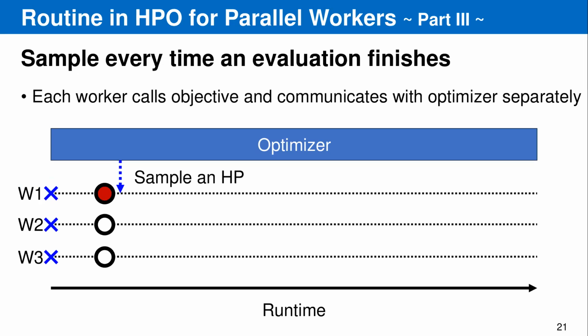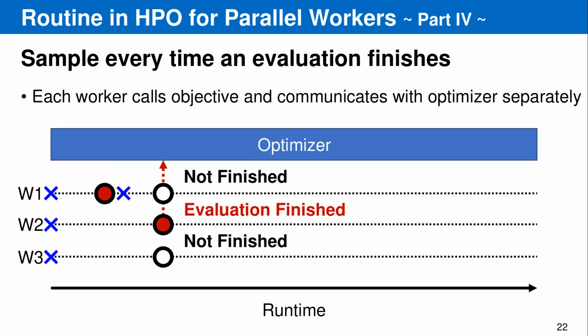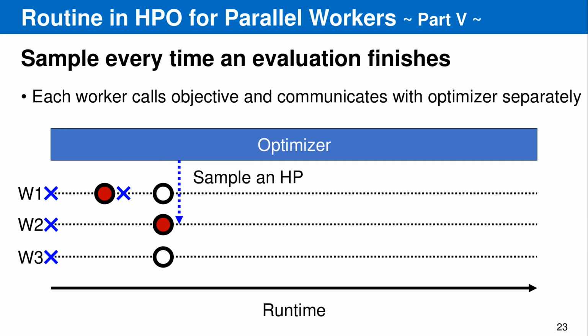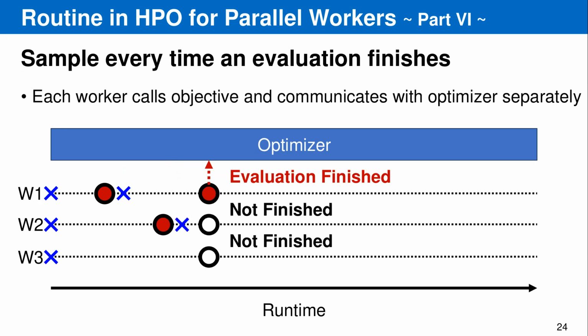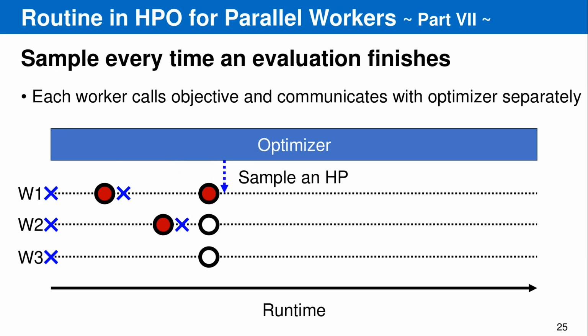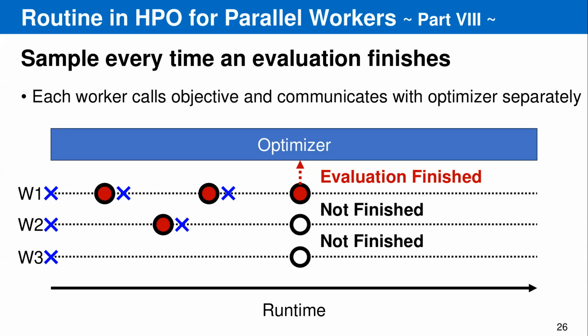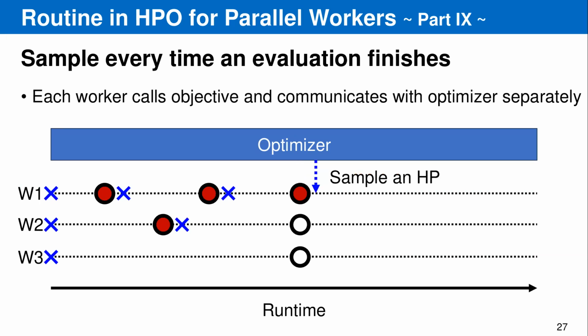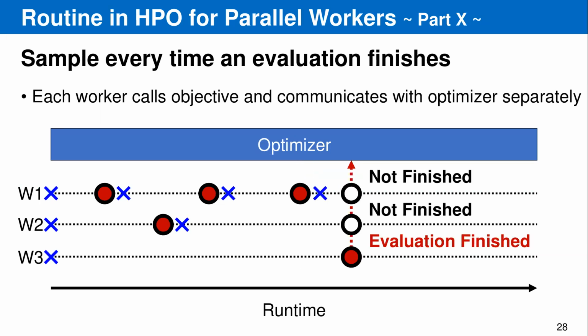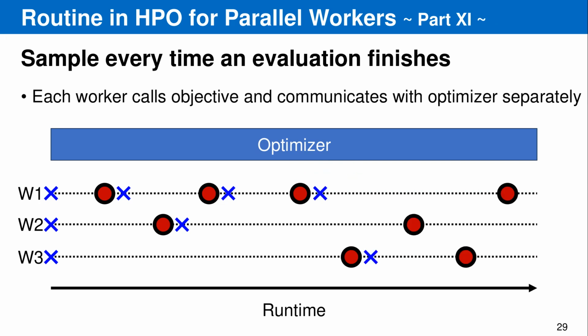After collecting the result, we sample another hyperparameter configuration for the finished worker. The optimizer waits until the next end of an evaluation and takes the result. The optimizer samples, waits until the next end and takes the result, and we repeat it until the budget runs out.